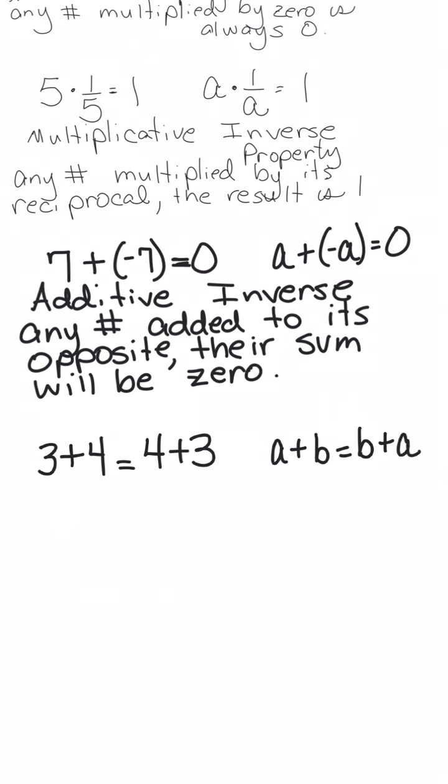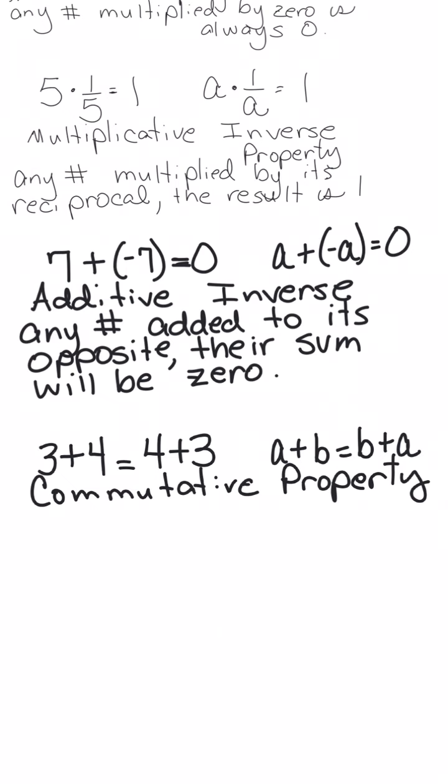So students learn that in the commutative property, position does not matter. The left side is almost a mirror image. It is a mirror image of the right side.